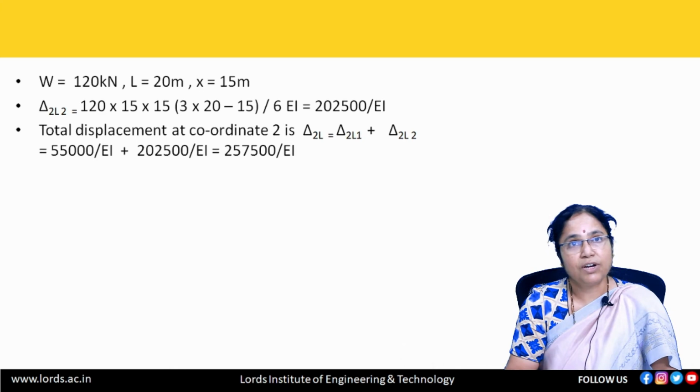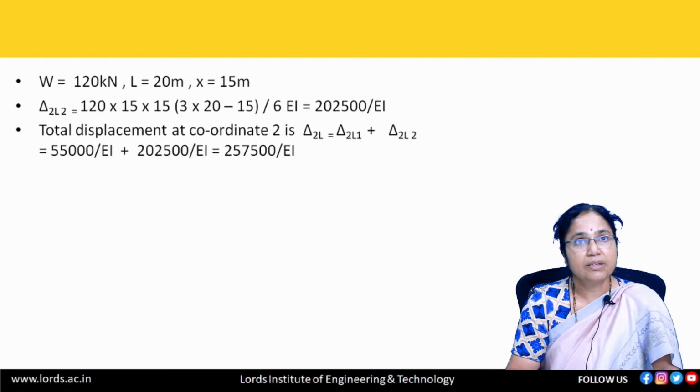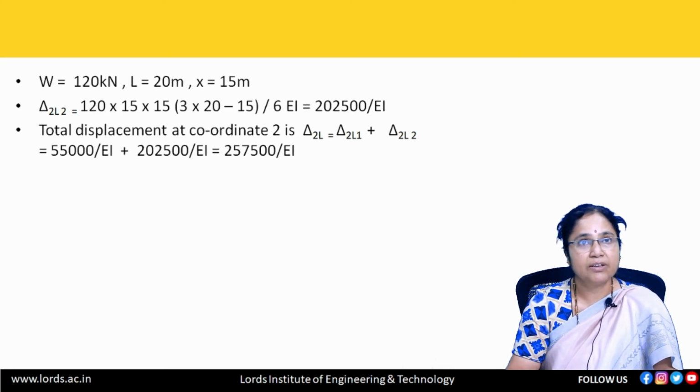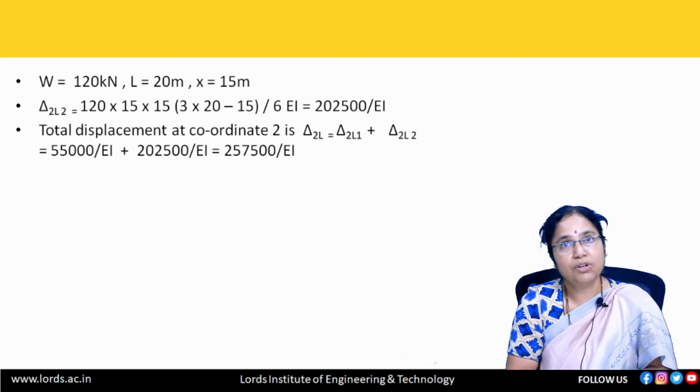In the same way, delta 2L2 is the displacement at coordinate 2 due to 120 kilonewtons. So W equals 120 kilonewtons, L equals 20 meters and x equals 15 meters. Delta 2L2 is nothing but the displacement at coordinate 2 due to the second point load of 120 kilonewtons. Substituting all the parameters of W, L and x in the equation Wx square into 3L minus x by 6EI, we get delta 2L2 equal to 202500 by EI.